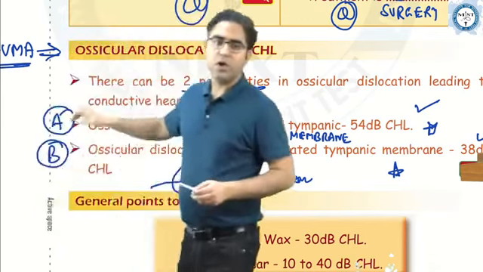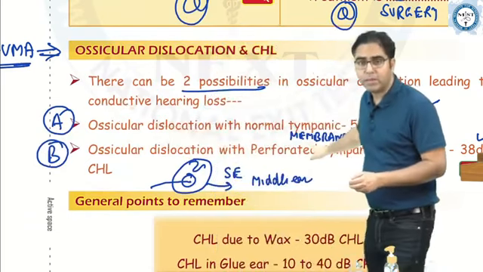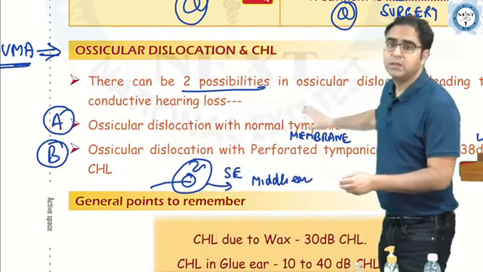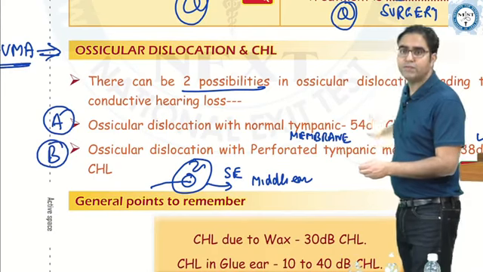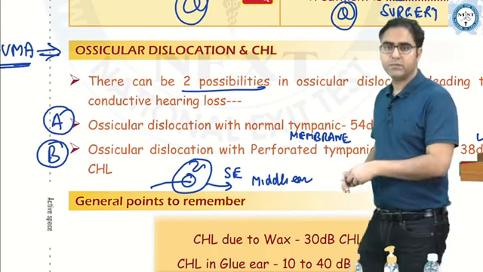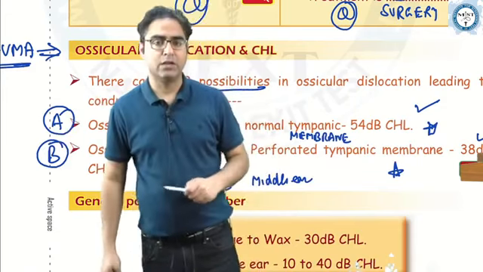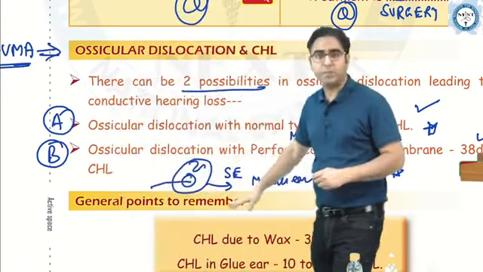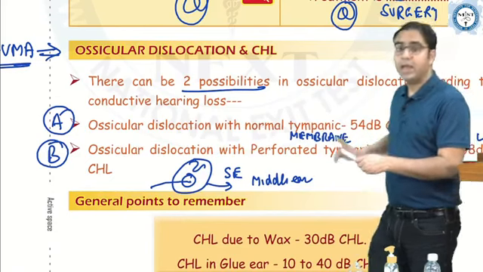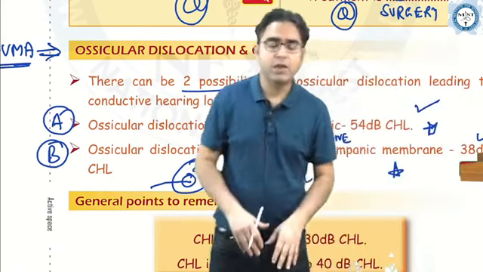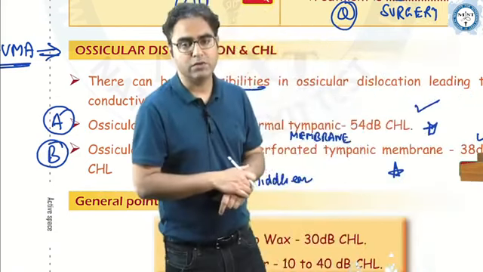Now, A is ossicular dislocation with a normal tympanic membrane. Surprisingly, this gives more hearing loss, 54 decibel conductive hearing loss. But the other situation, when the injury is more, in fact, ossicular dislocation with the perforated tympanic membrane, hearing loss is lesser. Hearing loss is 38 decibel conductive hearing loss.